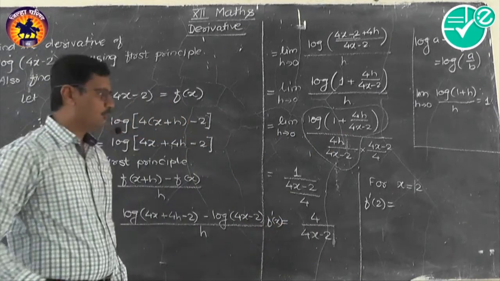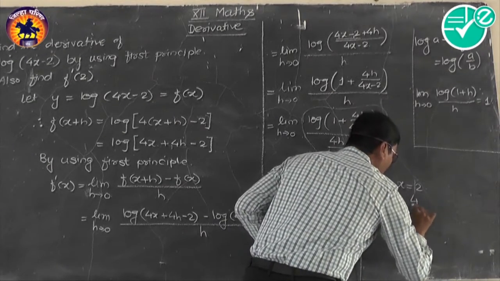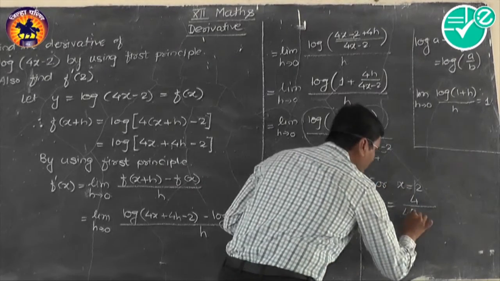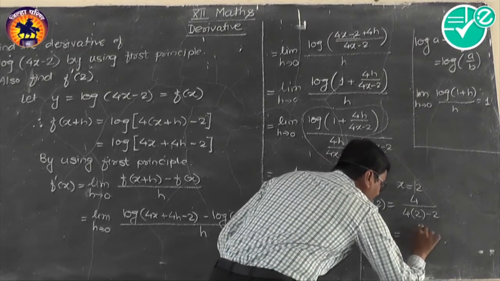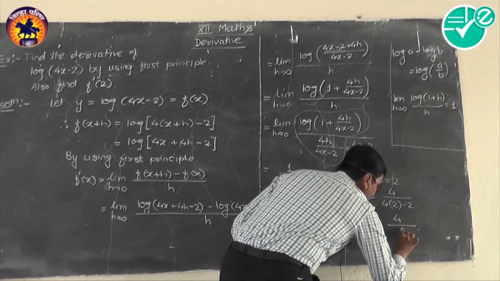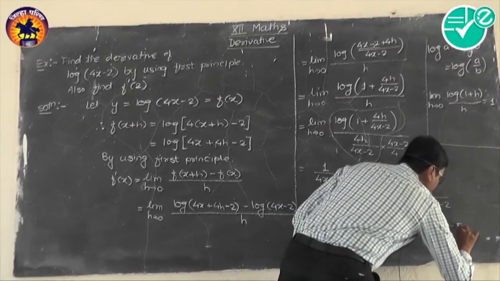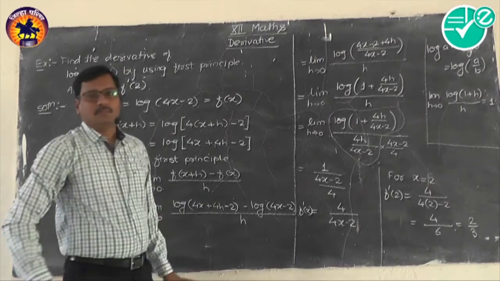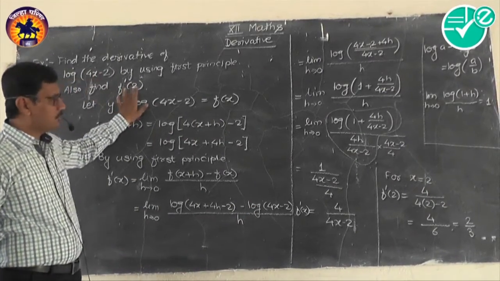So put x is equal to 2 in this function. So this will be 4 upon 4 into the value of x here, which is 2, minus 2. So the function will be 4 upon 4 times 2 is 8, minus 2, that is 6. So it will be 2 by 3. This is the derivative of log of 4x minus 2, and at x is equal to 2, this is the value of the derivative.